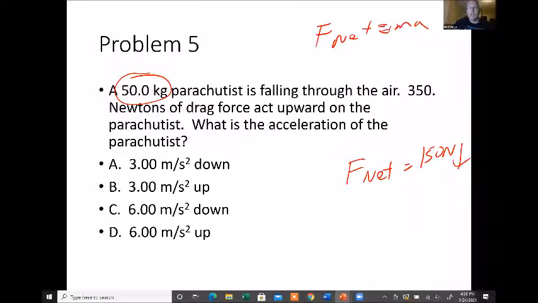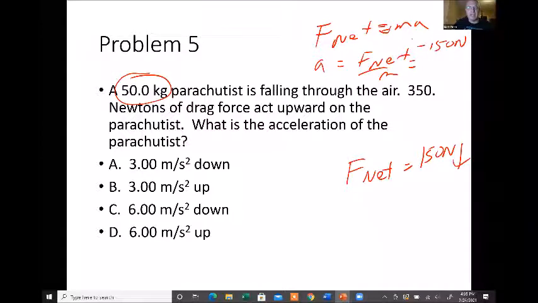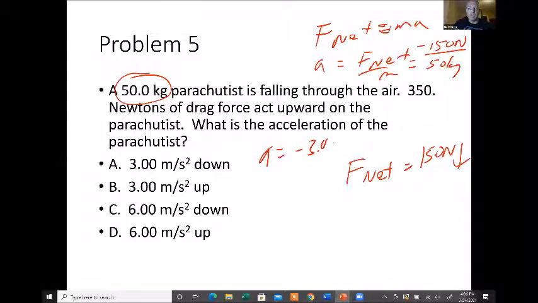F net equals ma. A equals F net over m. So let's take that 150 newtons. I'm going to write it as negative 150 newtons since it's down. And I'm going to divide that by 50 kilograms. And I'm going to end up with an acceleration of negative 3 meters per second squared, or 3 meters per second squared down. So A was right.